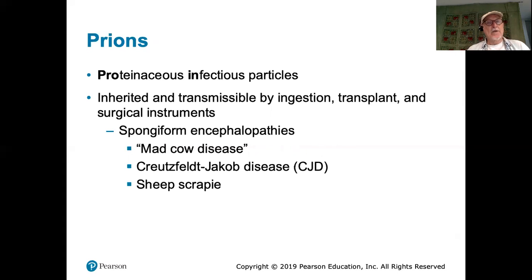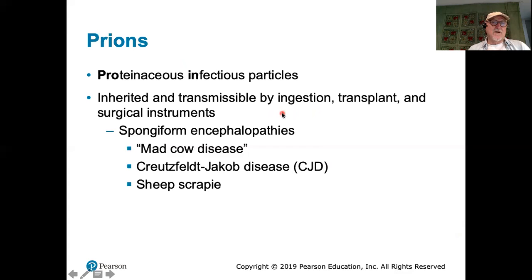The best known is mad cow disease, which I'm sure you've all heard of, but in human beings it is called Creutzfeldt-Jakob disease. It can be very important not only in cows, but in sheep as well, and we can acquire it from both of these. Unfortunately, these prions are quite easy to acquire by eating them.